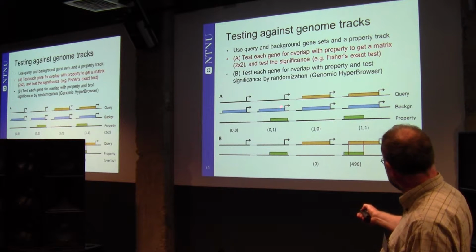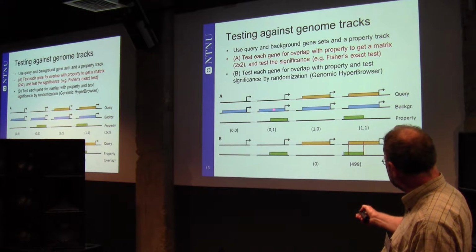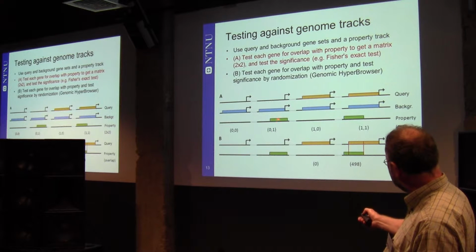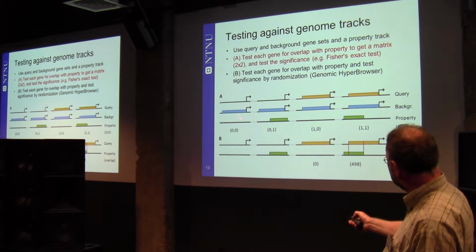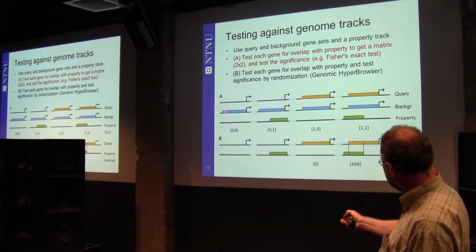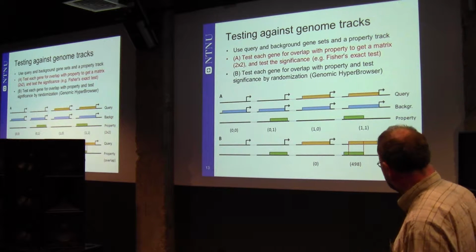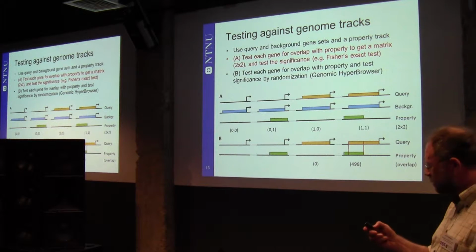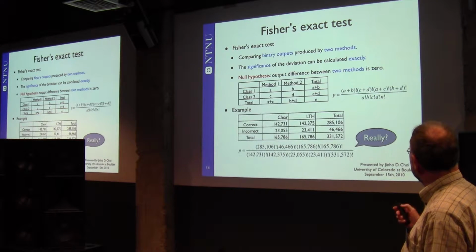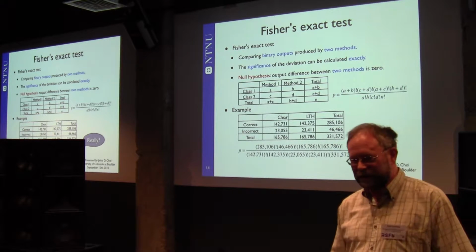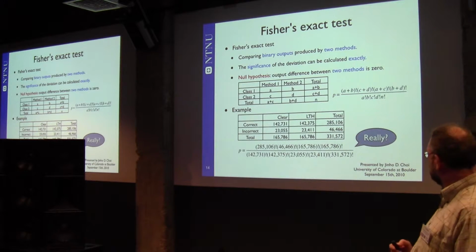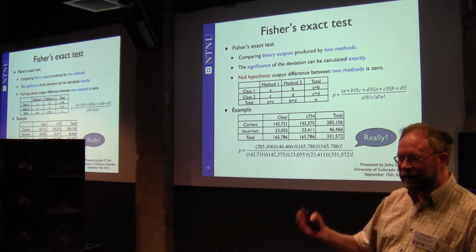This one does not belong to the strongly upregulated, it belongs to the background, but it overlaps with the feature, 0,1. This one also does not belong to the upregulated set, and it does not overlap, so it's 0,0. And then you can use this to make a 2x2 matrix and do a test. This is a very standard way of testing.